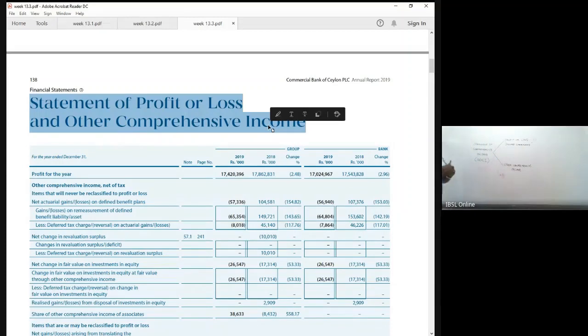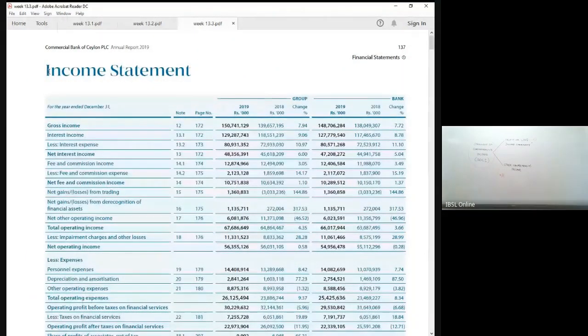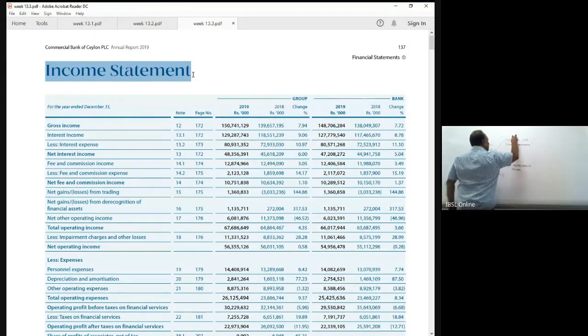So what Commercial Bank has done is that they have used income statement. So another name for this component of profit or loss is income statement. Then statement of comprehensive income has two components, this and this.